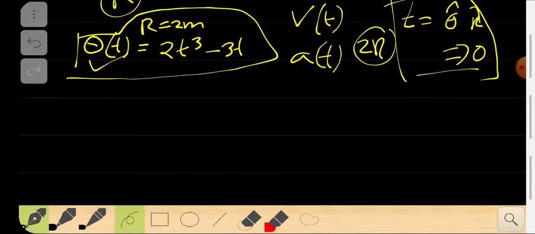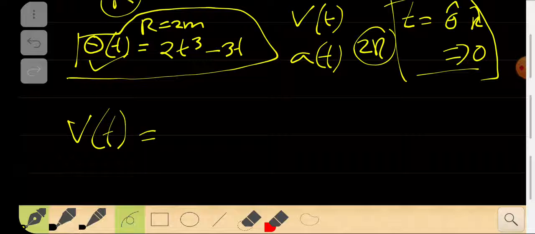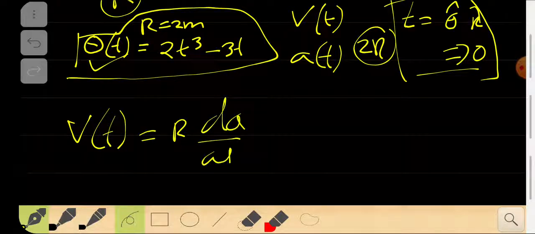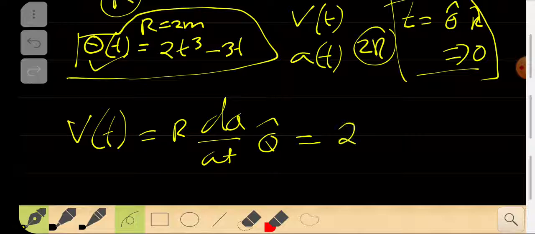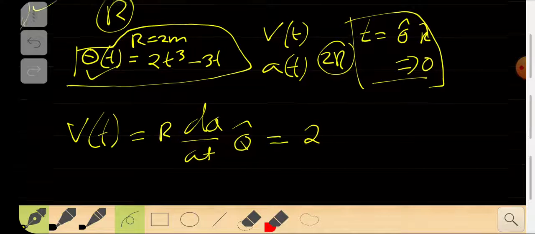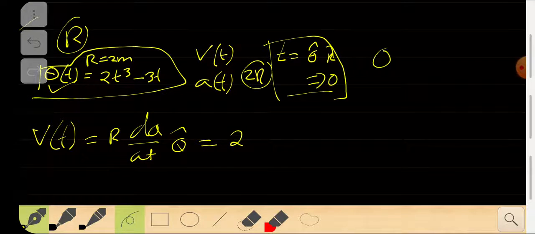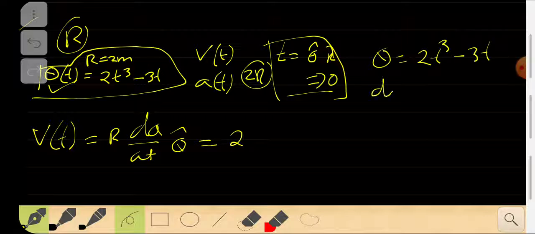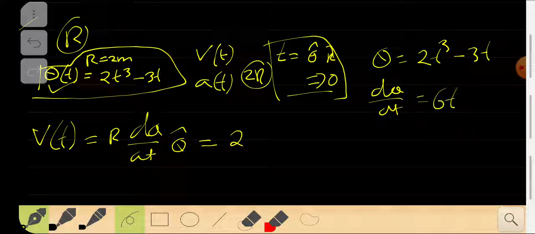So I'm going to write down equation 1. We have the velocity vector, which is v of t equal to r times d theta by dt in the theta cap direction. Since theta is equal to 2t cubed minus 3t, now I can take the derivative: d theta by dt is 3 times 2, that's 6t squared minus 3.